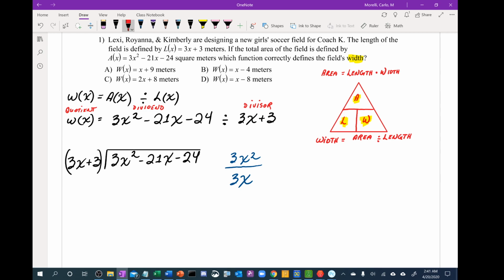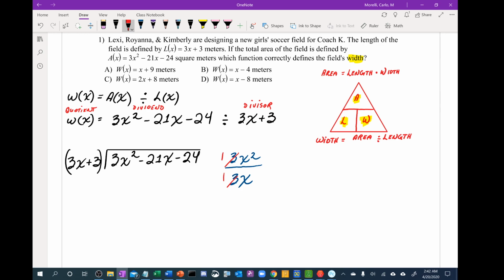The first step of the side work is to reduce and simplify the numerical part of this fraction by dividing both the numerator and denominator by the greatest common factor. So the greatest common factor of 3x squared and 3x in terms of just the numerical part is 3. Okay, so we can cancel that out. 3 divided by 3 is 1. 3 divided by 3 is 1.